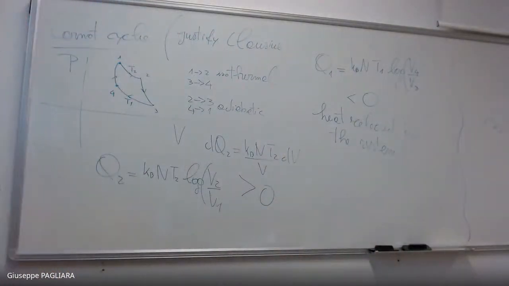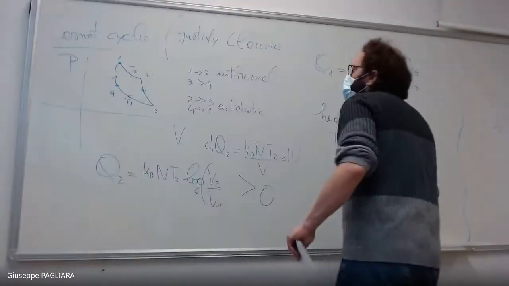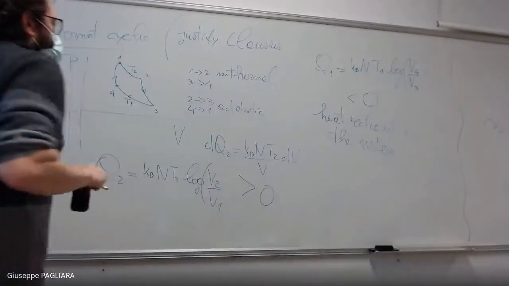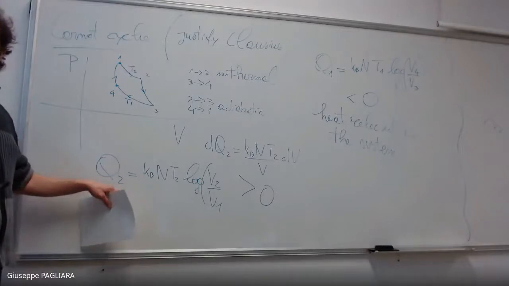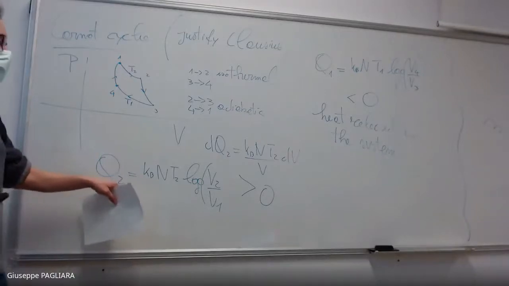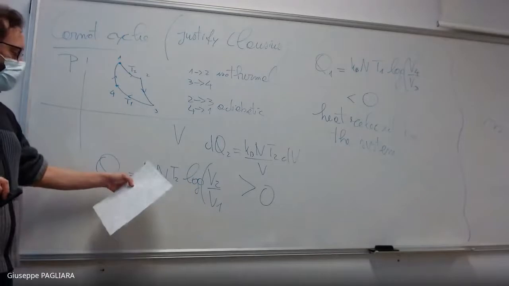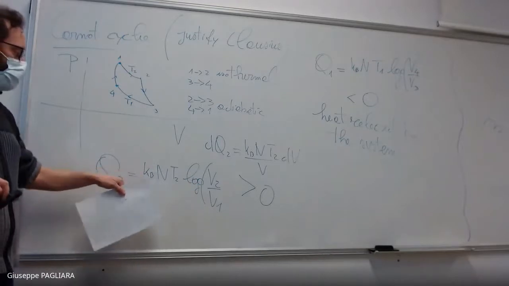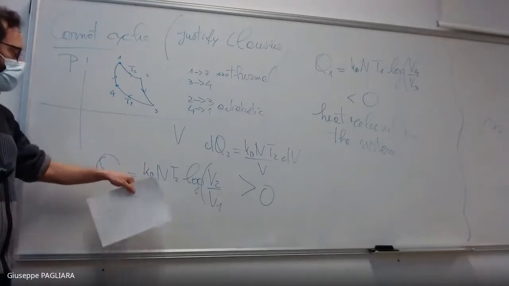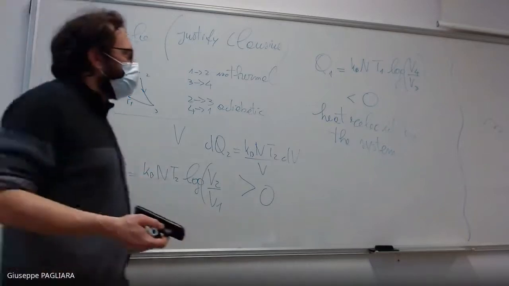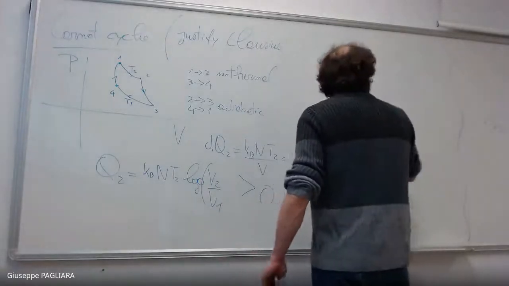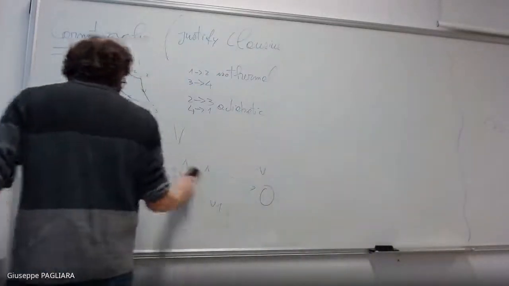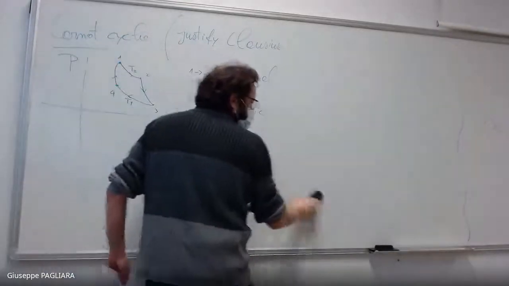Now, from those two relations, I can derive the following result: the sum of Qi divided by KB Ti.